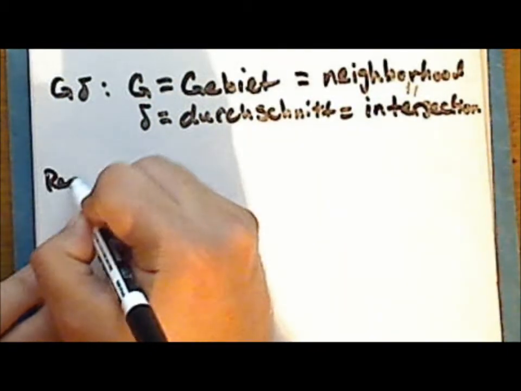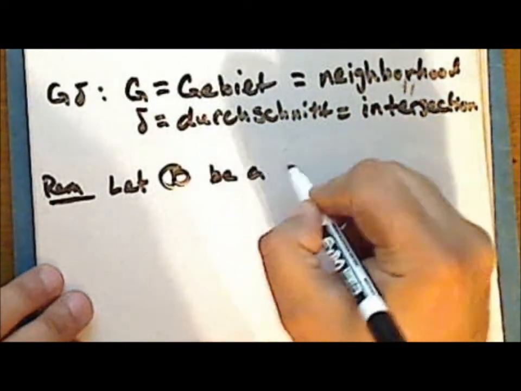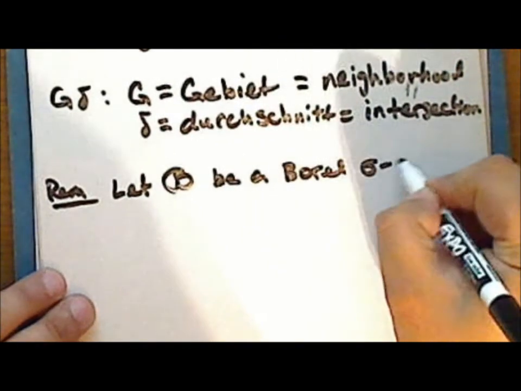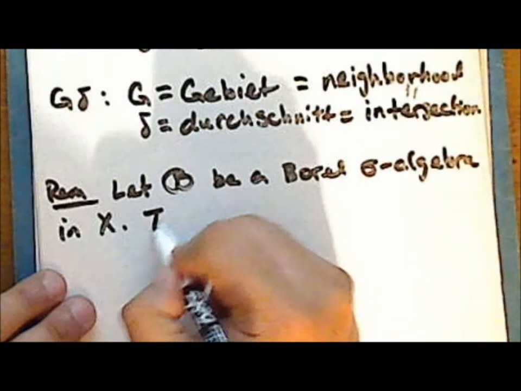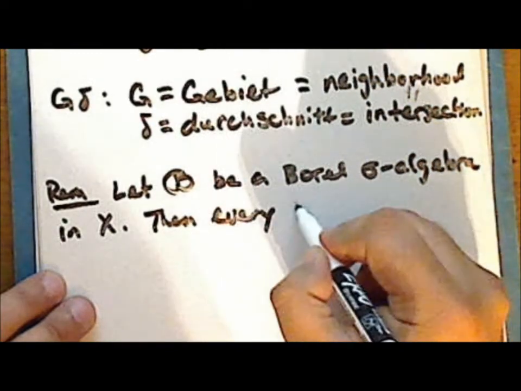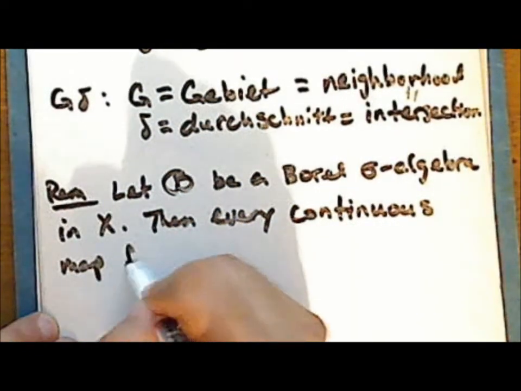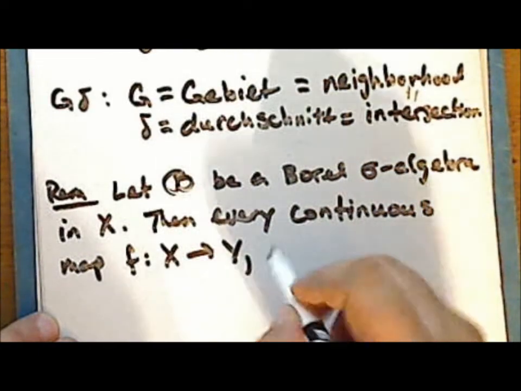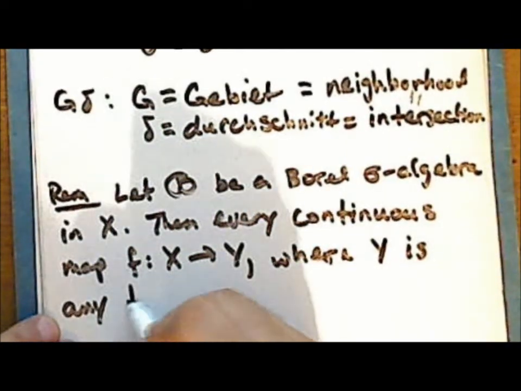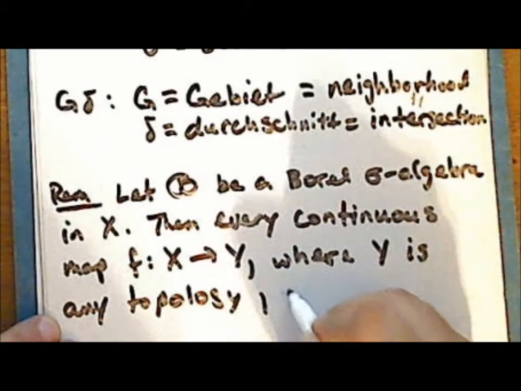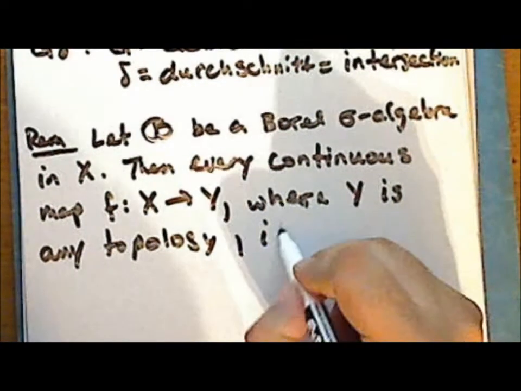Okay, another important thing to notice: let script B be a Borel sigma algebra in the space X. Then every continuous map f from the space X into the space Y, where Y is any topological space, is a measurable function, and we call it Borel measurable.